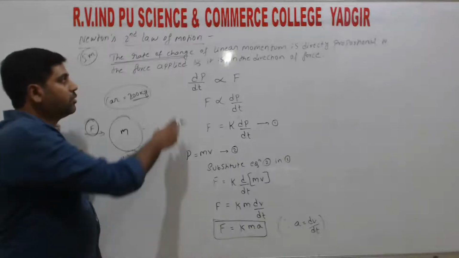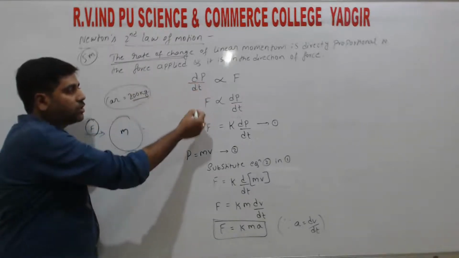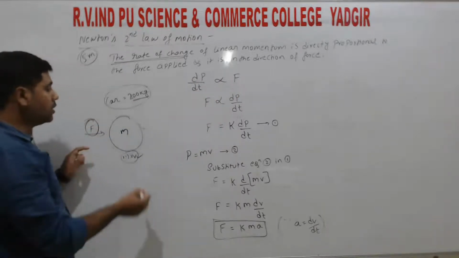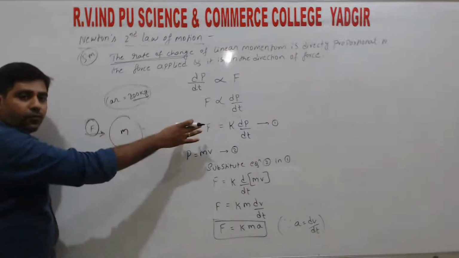So first we need to state Newton's second law of motion, that is, rate of change of momentum is directly proportional to the force applied, and it is in the direction of the applied force.